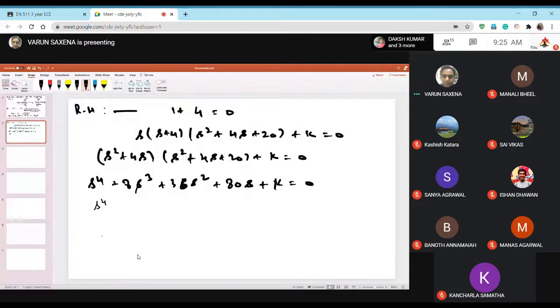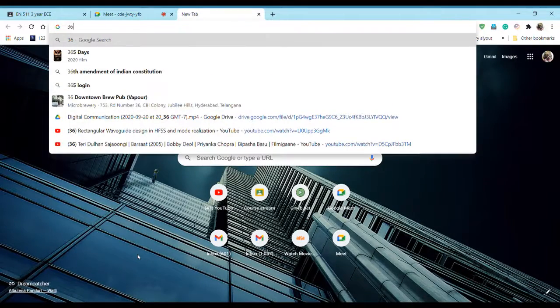S4 will be 1, 36, and K. S cube is going to be 8, 80, and then basically nothing over here. So S square. Can you tell me what S square is going to be? What will be the terms here in S square row? What will be the first term and the second term?